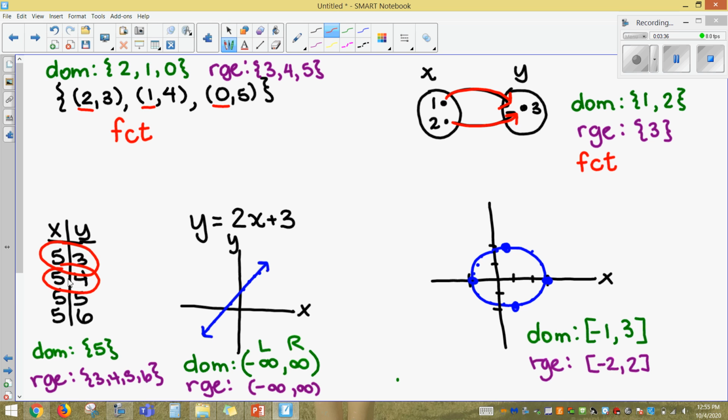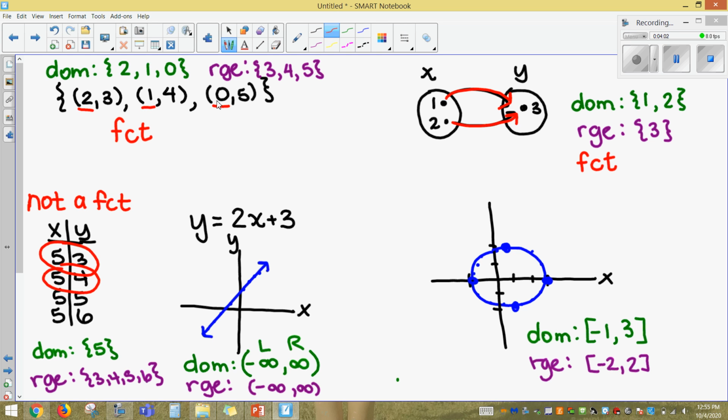Now I matched 5 with 4. Even if I didn't have these other 2 points down here, which I still do, of course, I've given the same x value 2 different y partners. So by definition, this relation right here in my table is not a function.